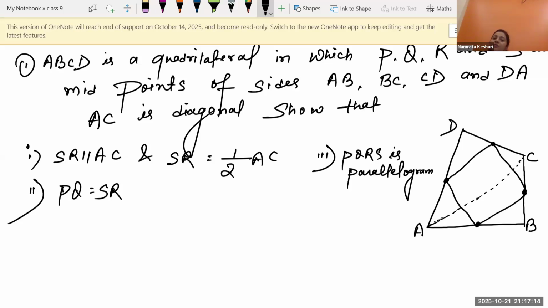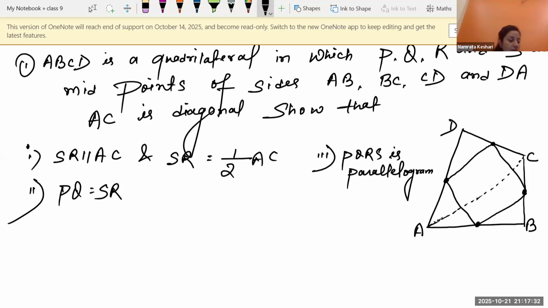Actually, this is the figure which is given along with the question. I have not drawn the figure, so regarding the figure, we will not have any discussion. ABCD is a quadrilateral, in which P, Q, R, S are the midpoints of the sides AB, BC, CD, DA.